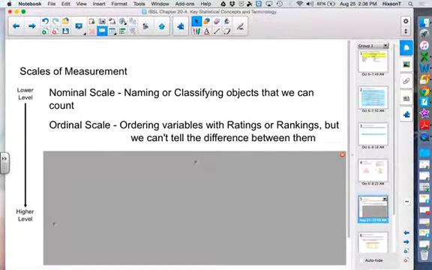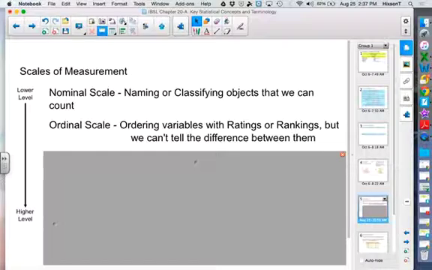Secondly, we have the ordinal scale. Yesterday, when I asked you to rank the topics from pre-calc honors from what was hardest to what was easiest, you were using an ordinal scale. You were ranking them. Now, some of you didn't quite understand what I was asking, so you had like three 1s and a few 4s. But the ones who did it correctly were putting them in an order.